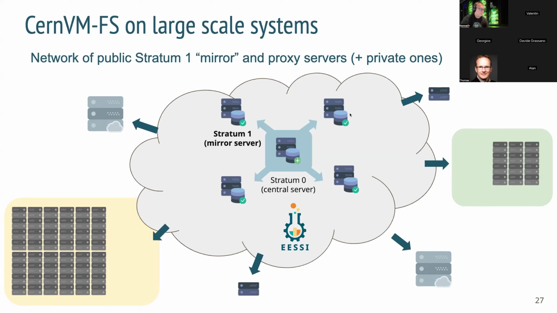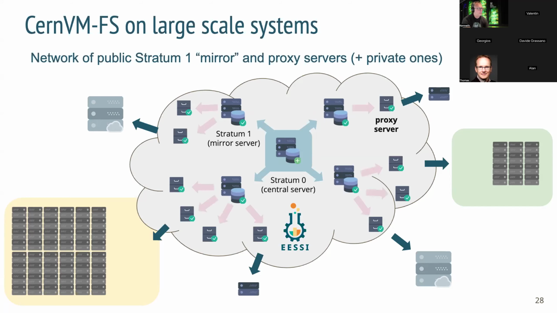Then these, although we have multiple ones, are typically geographically distributed. So you don't want to be talking directly to only one of them because that hammers that server quite a bit again. So there's another layer of indirection in between called proxy servers. These are synchronizing in some sense with mirror servers as well, but they don't have the full data.